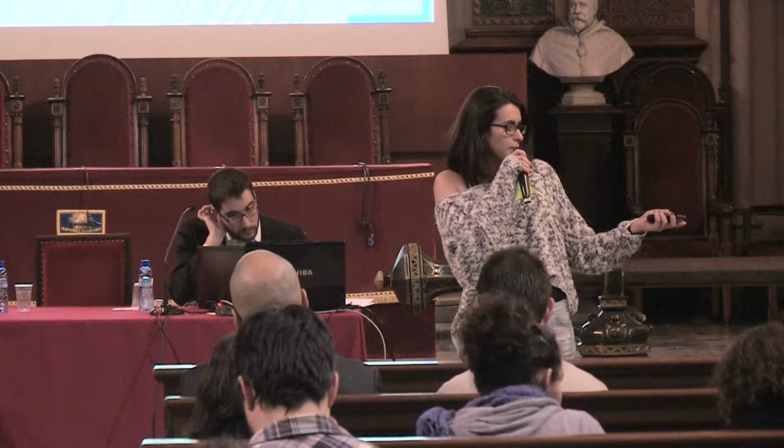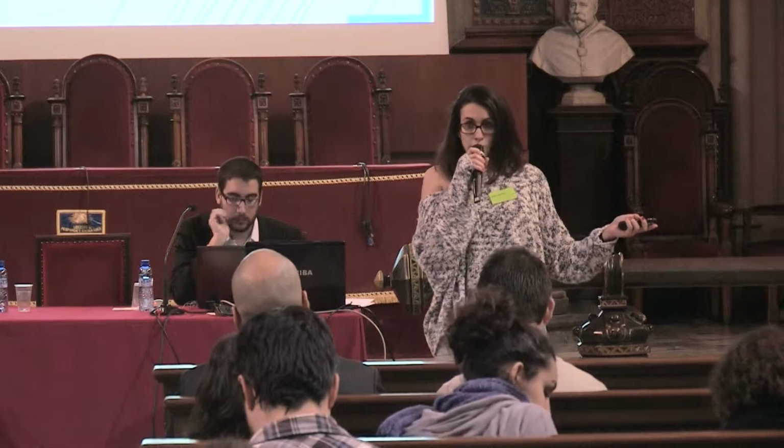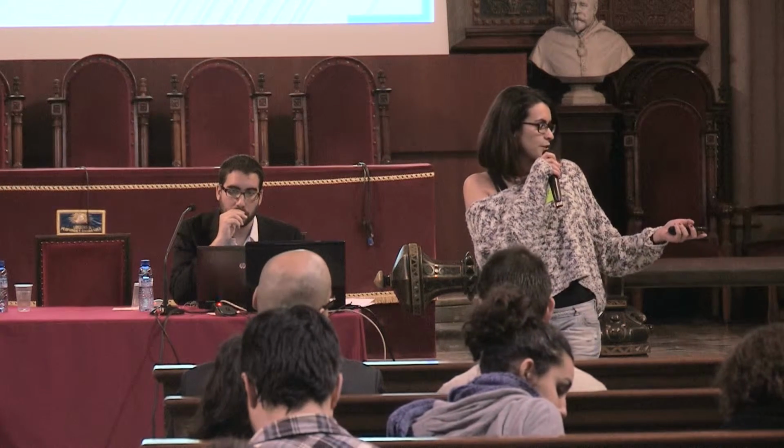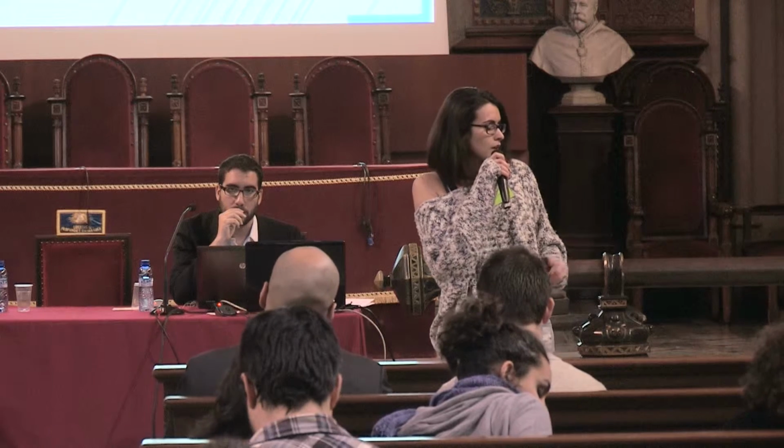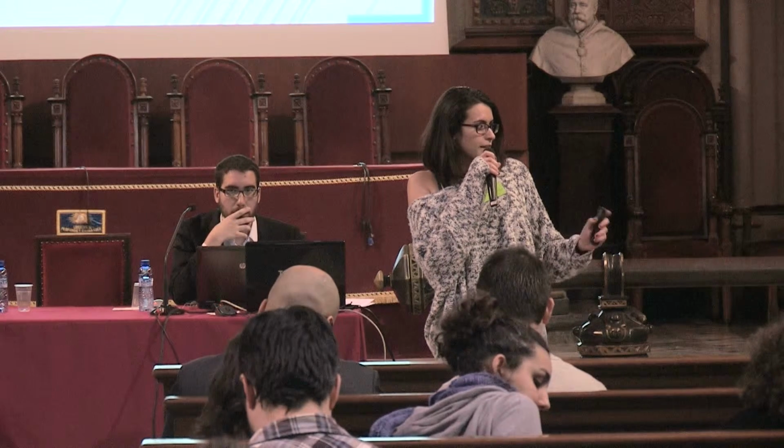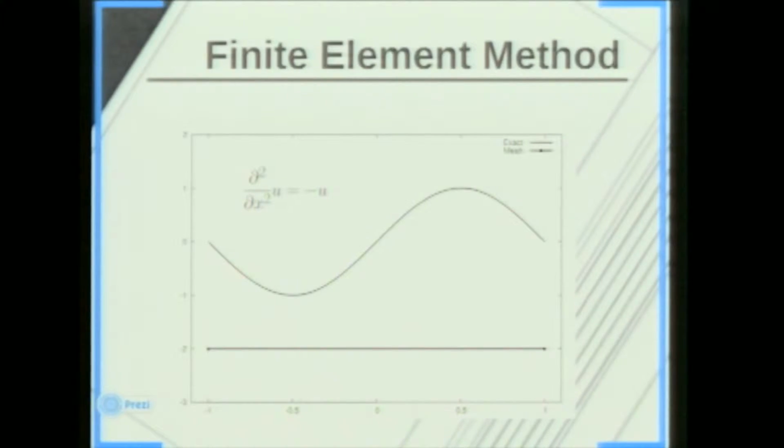To explain a bit how it works, I will put a very simple example in 1D. This is a very simple partial differential equation. Well, it's so simple that it's an ordinary differential equation, and this is the solution. What the finite element method does is split the domain of the solution, which is the line below, into elements, and then assume that in each element the solution is a straight line. I'm putting this very simply, it's a bit more complex.